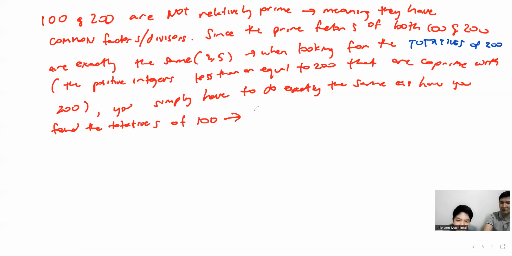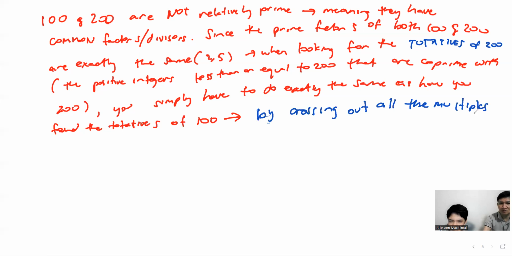How? By crossing out all the multiples of 2 and 5.